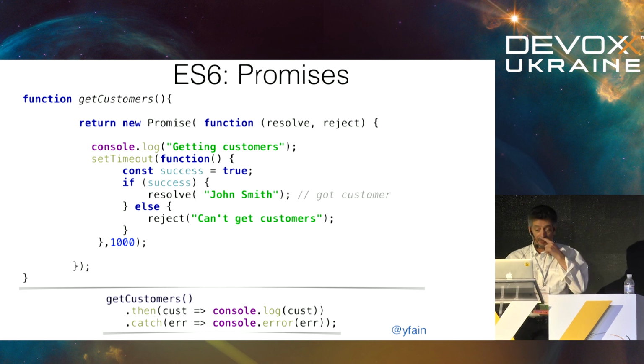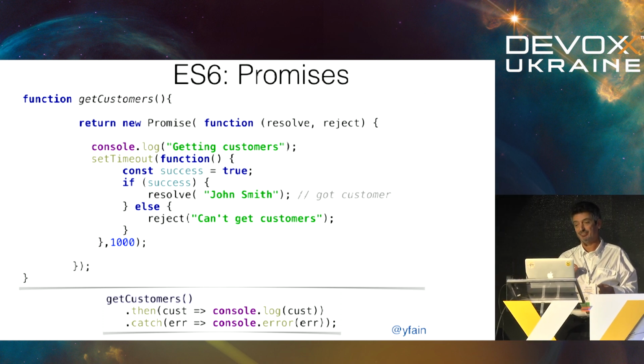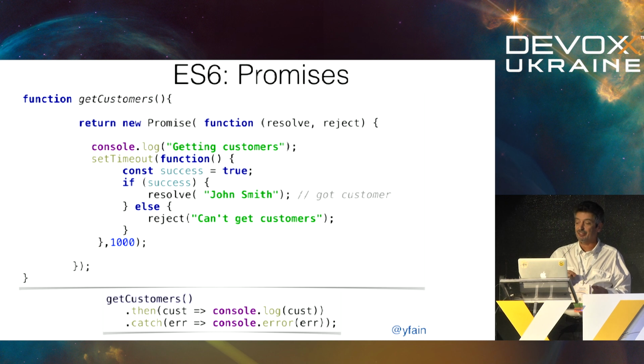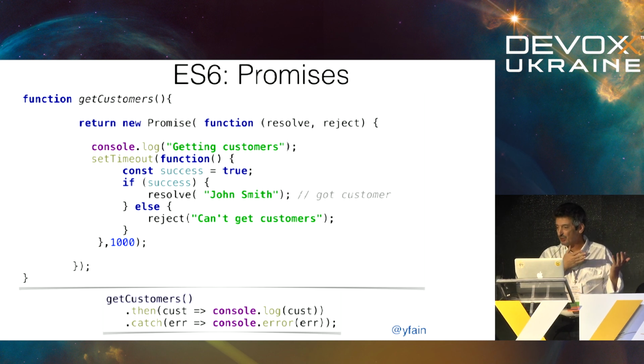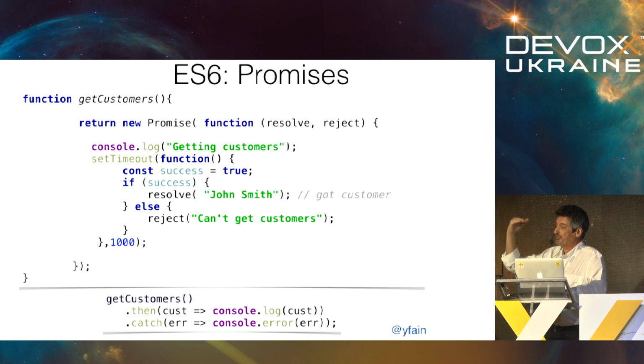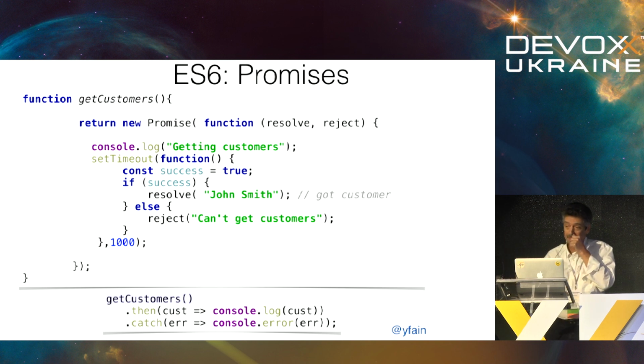So now I can do get customers dot then dot catch. This code is a little bit easier to read than those callbacks, right? And besides that, you can attach many then, like in the first example: get customers, then get orders, then get product details, then, and so on. So it becomes better than it used to be.